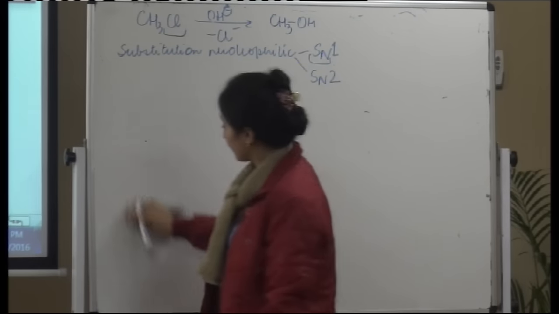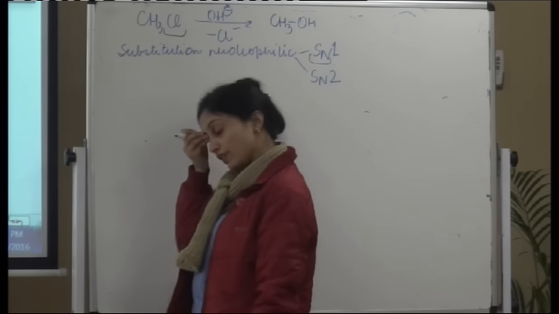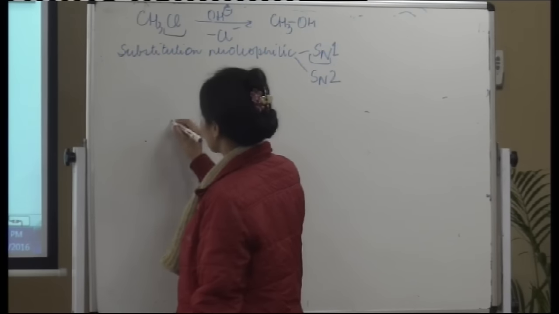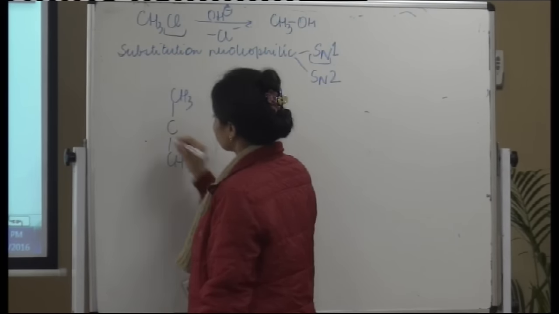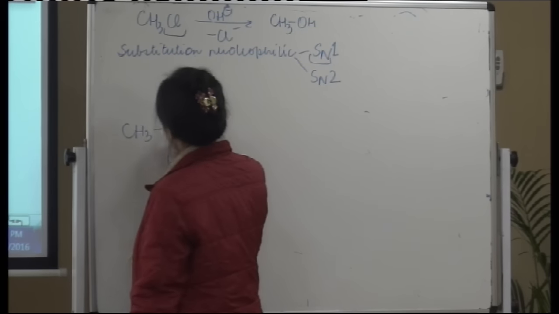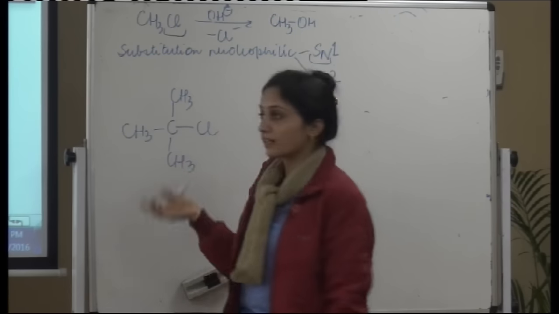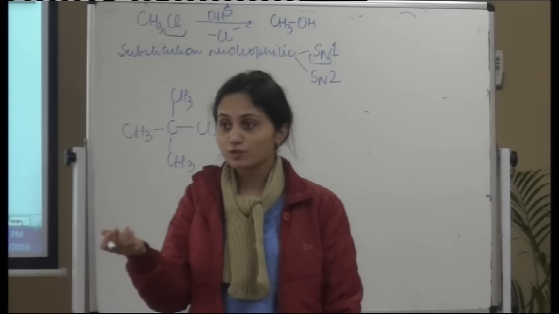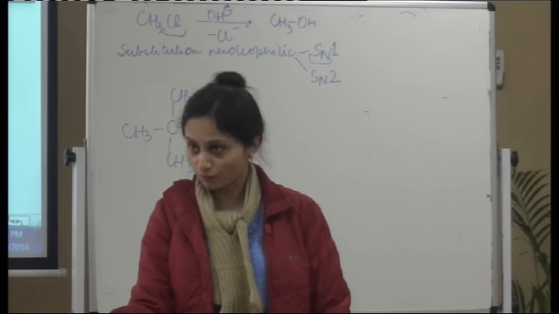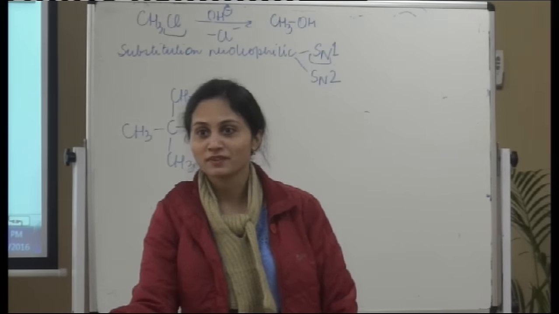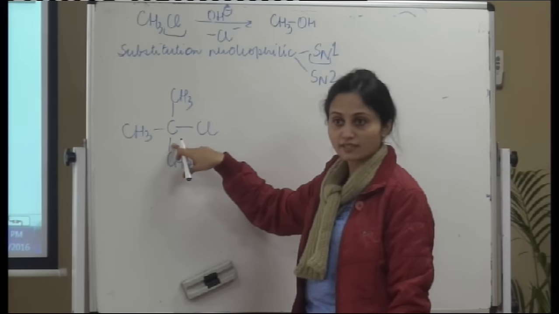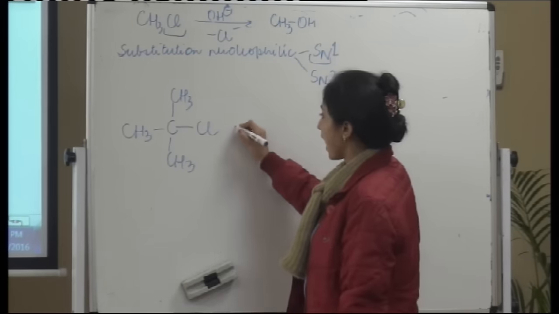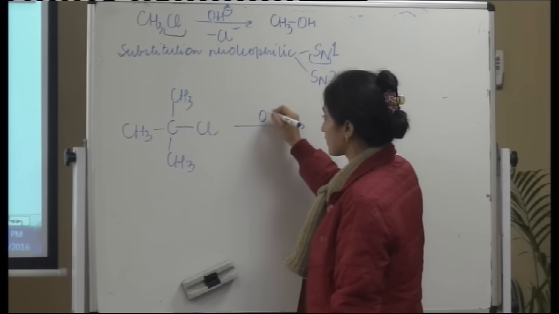So say for example, you have a tertiary alkyl halide. This is a compound which can be formed from your alkanes, which is 11th standard, which we are precisely revising right now. So this is your tertiary alkyl halide, and I am attaching an OH minus to it.